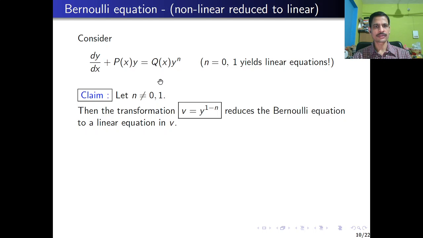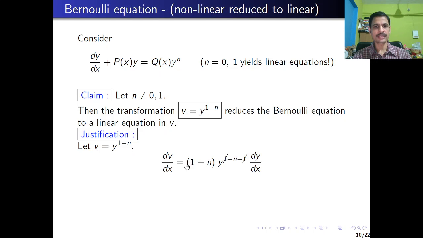In that case, we can transform this given Bernoulli equation into a linear form by substituting v is equal to y raised to 1 minus n. So we replace the variable y here and introduce a new variable v is equal to y raised to 1 minus n. So if v is equal to y raised to 1 minus n, then dv by dx will be equal to, in bracket, 1 minus n and y raised to 1 minus n minus 1 dy by dx.